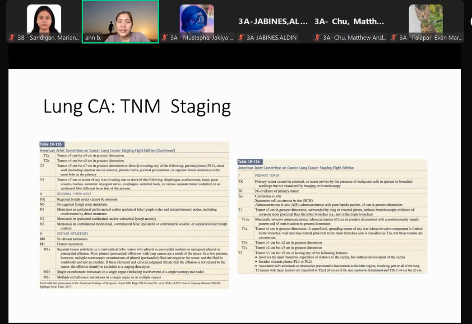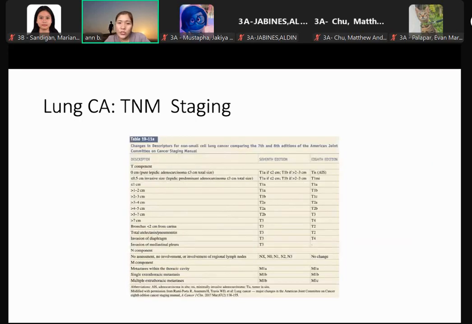And these are the T, when we say T1, TX, until the nodes, so that is the description.